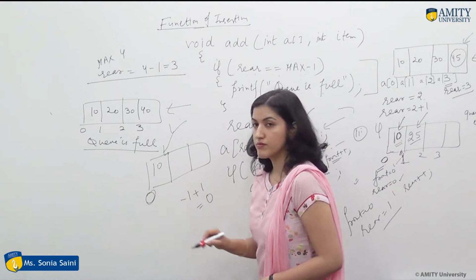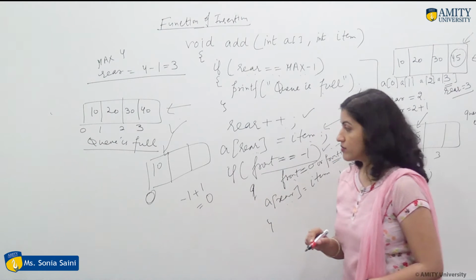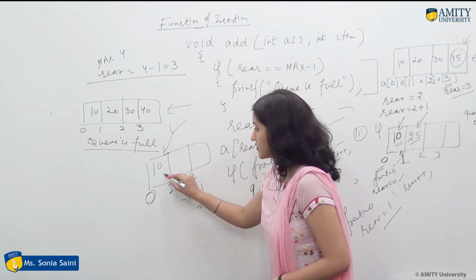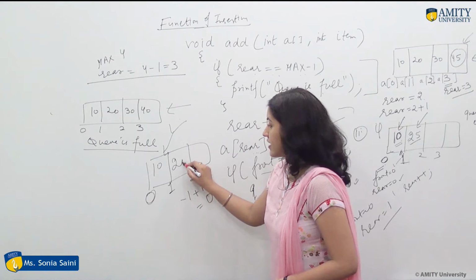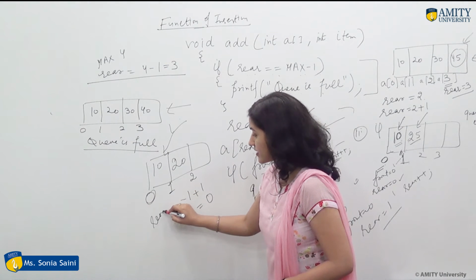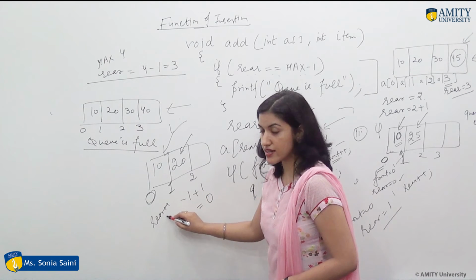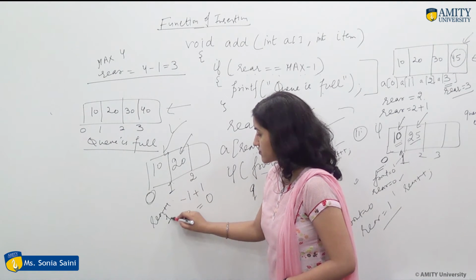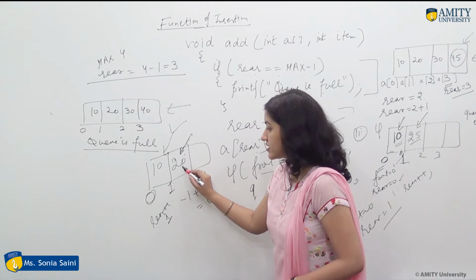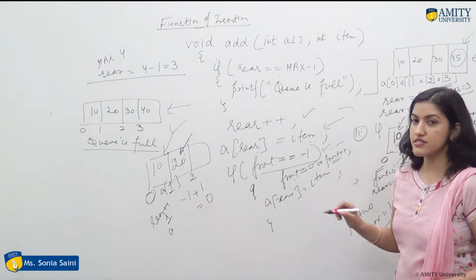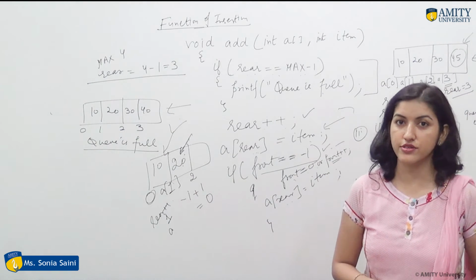Add an item at A front or A rear, because we have only one element. Now we have added. If you want to add another element, add 20. First increment rear by 1, then add the element. Rear becomes 1. Now add 20 at A1. This is the insertion operation, the insertion algorithm.